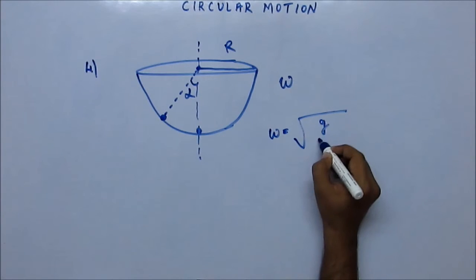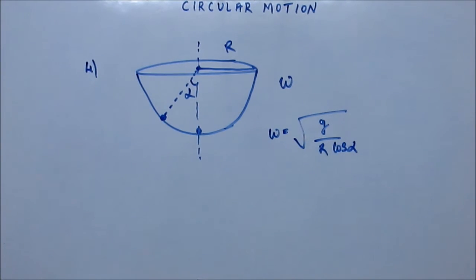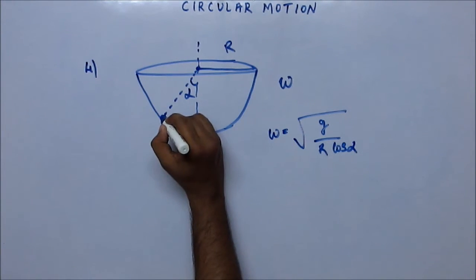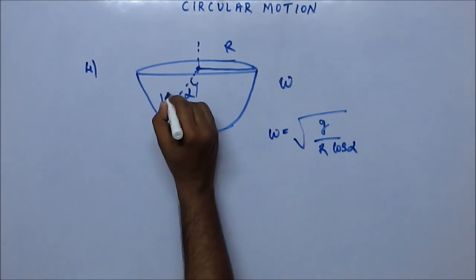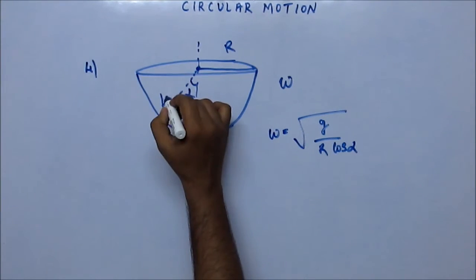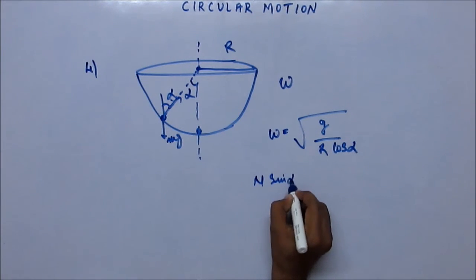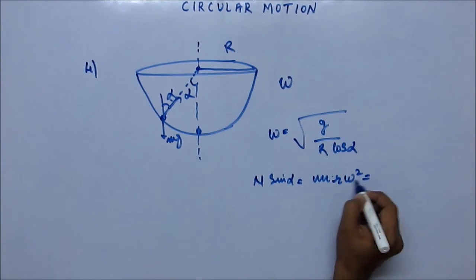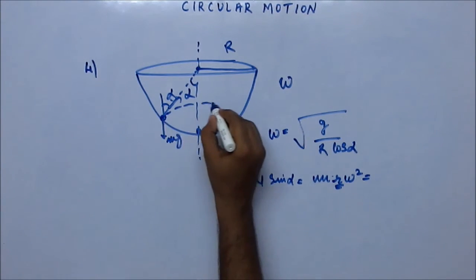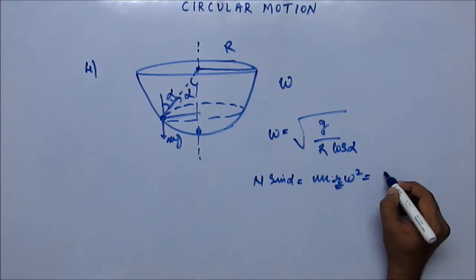The answer would be root over g upon R cos alpha. Now finding that is pretty easy. This is the normal reaction, this is mg, and this angle is theta or alpha, right? Now you can see that N sine alpha is equal to m r omega square, and this small r is capital R sine alpha.